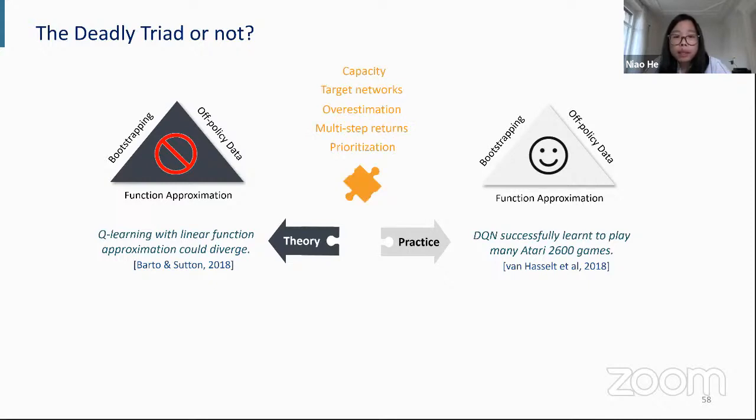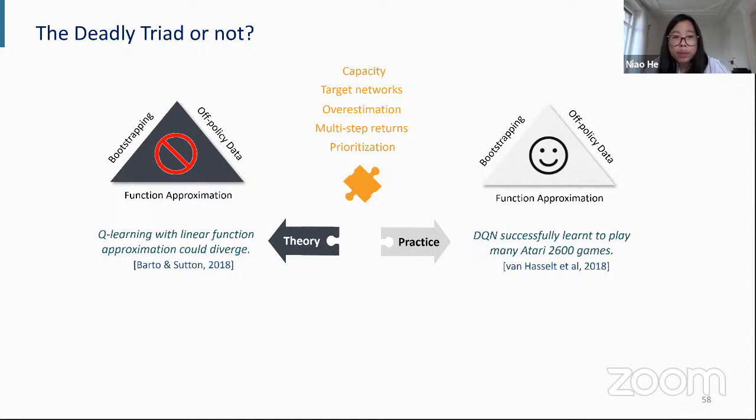In fact, in this paper by Van Hasselt in 2018, they listed a couple of hypotheses. They were basically hypothesizing that maybe because of these other techniques we were using, that actually eases the divergence issue.